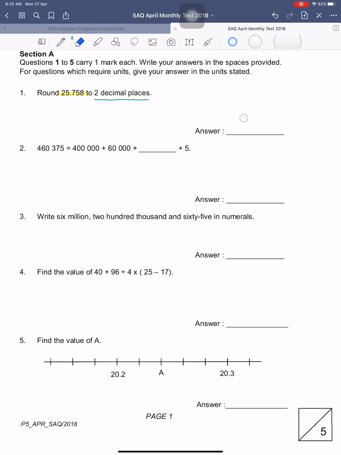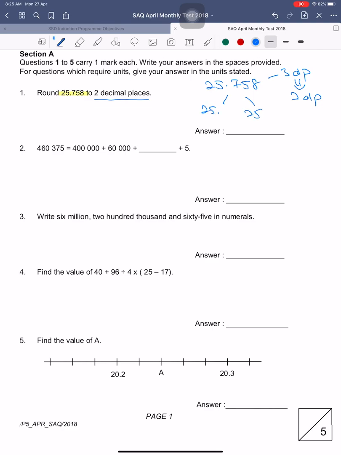So in this question, you're supposed to convert 25.758 to 2 decimal places. That means instead of 3 decimal places now, you convert it into a number with 2 decimal places. The 25 will remain.